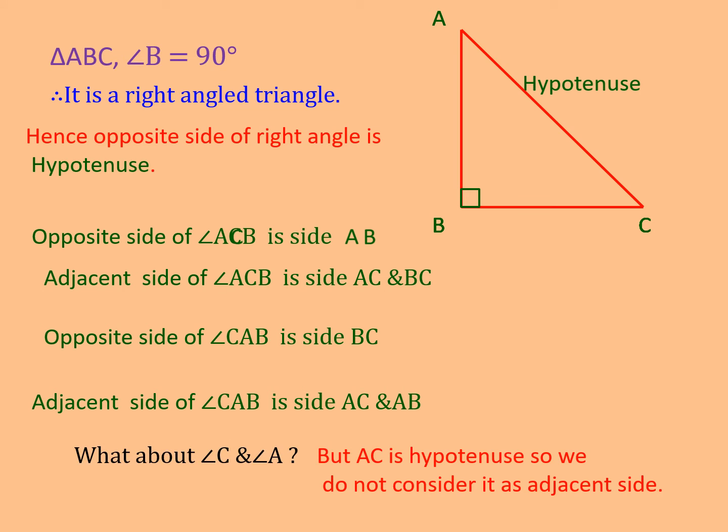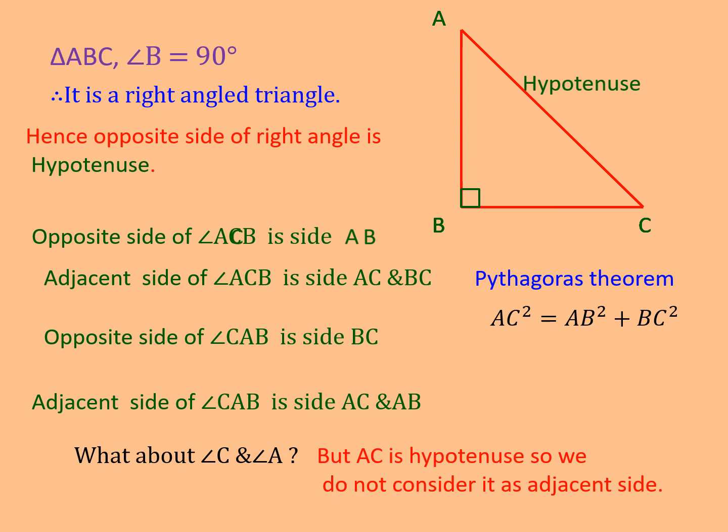Now let us talk about the angles of a triangle. We have done angle B, we have done all the three sides. Let us see what happens to angles C and A. Since it is a right angle triangle, as you know, from 7th standard we have started using the Pythagoras theorem.